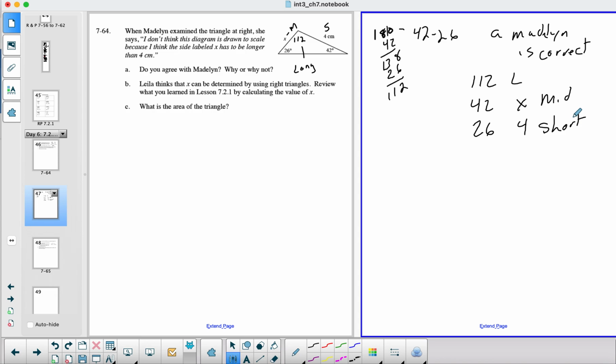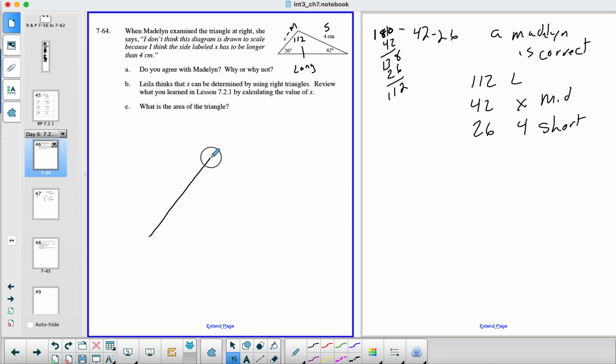B says Leela thinks that X can be determined by using right triangles. Review what we did in the last lesson by calculating the value of X. I remember last time we took our triangle, and I'm going to just make it bigger.